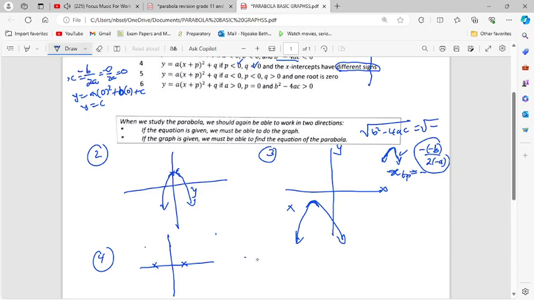If the turning point is in here, for it to have the intercepts, it must be concave up. If it's concave up, that's when we'll have the two intercepts like this, and they must be on different sides. If they are on the same side, then the graph will only be on this side of the y-axis only.